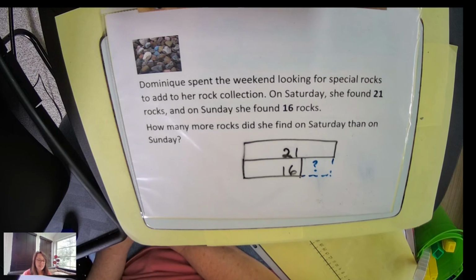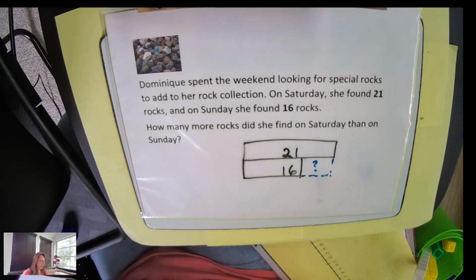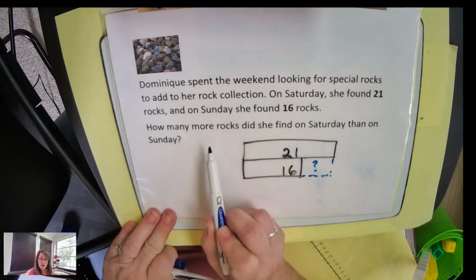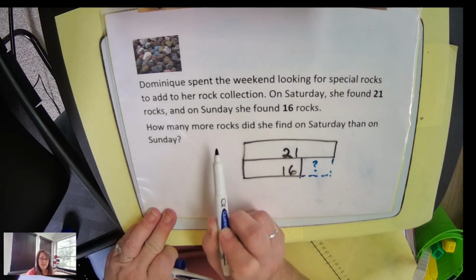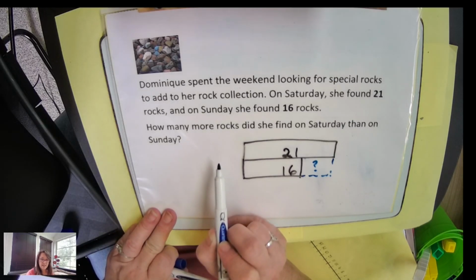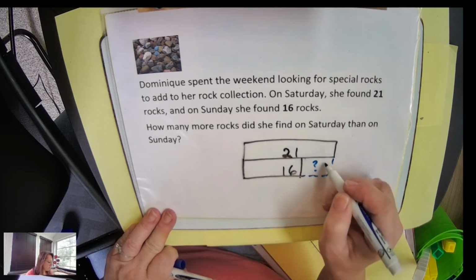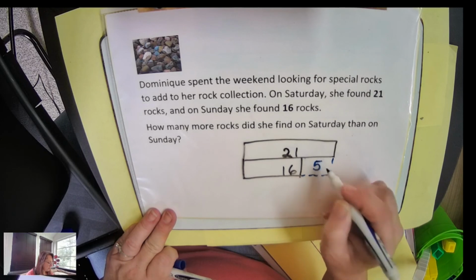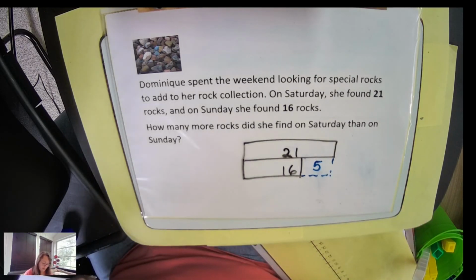Okay. Melinda, what do you think the answer is? Melinda says she thinks the answer is 5. That Dominique found 5 more rocks on Saturday than she did on Sunday. So, you think the answer here is 5. Do we agree or disagree with 5?